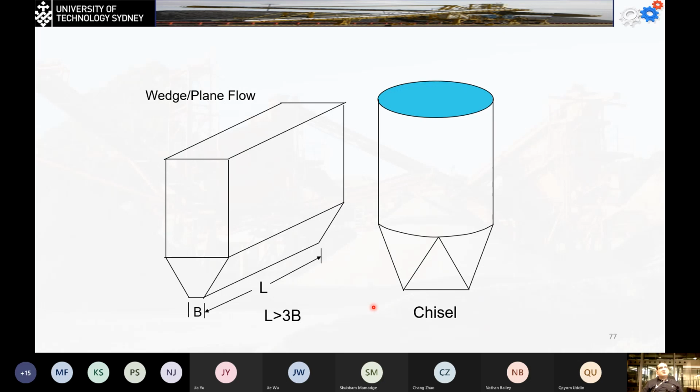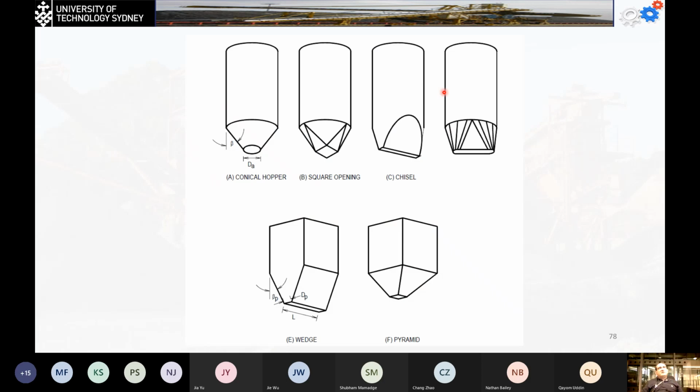We can have a panel flow; in this case, we call it the symmetrical shape hopper. We can have a chisel shape, which is going to be longer from one side, which is going to have a symmetrical outlet, but it's going to be fixed on a cylindrical type of bin. And we can have the conical hoppers, the square opening, the chisel, the pyramids, and the wedge shape. Different types for different applications.